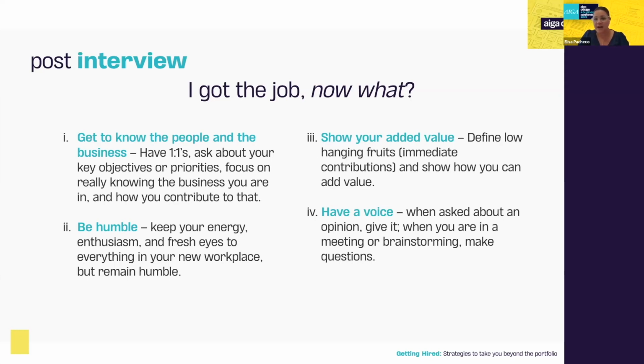Third, show your added value, define low-hanging fruits, immediate contributions, and show that you can add value to the organization. This doesn't have to be big things, just little details that will give the rest of the team a message that this person is bringing it on and it's good.